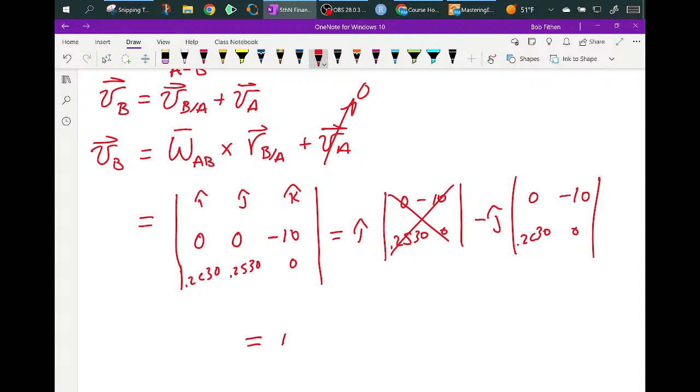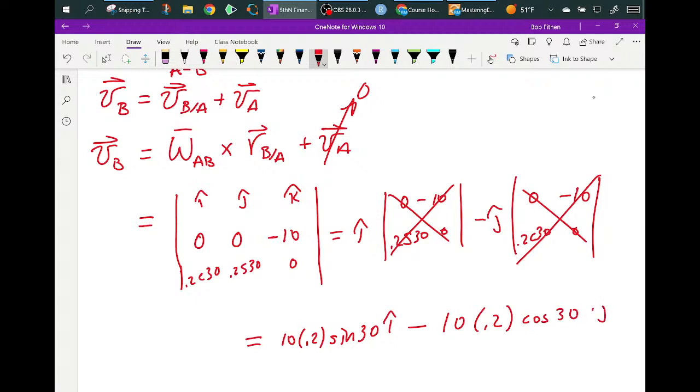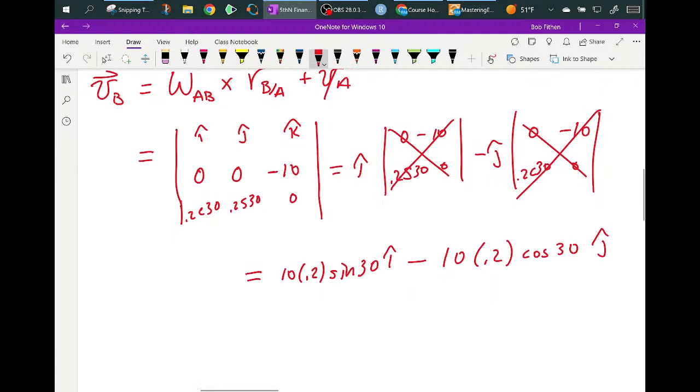Let's just do it this way. I'll write them out now. Plus, minus, a minus, a minus. And that's that.